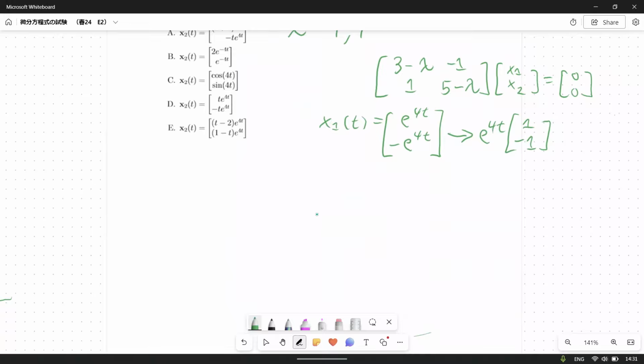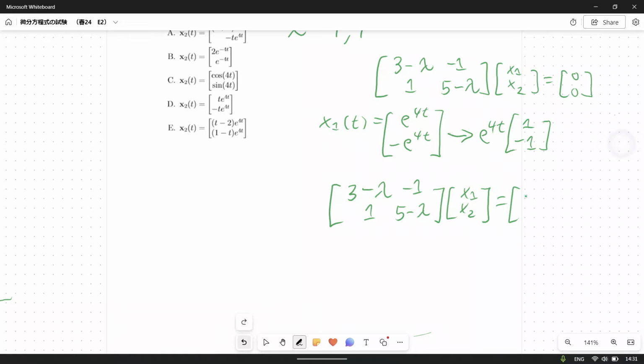To do that, instead of finding an eigenvector by setting this equal to 0, 0, we're going to do the same process of 3 minus lambda, negative 1, 1, 5 minus lambda times x sub 1 and x sub 2, and set that equal to this eigenvector instead. And then from here, the process is the same.